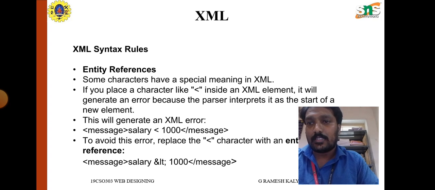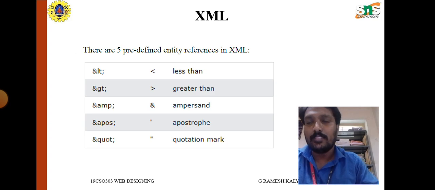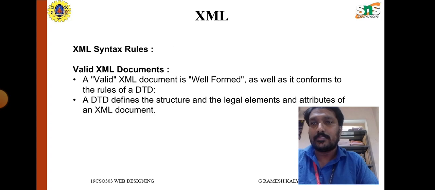For example, the message salary is &lt; 1000 means salary is less than 1000. So this is a table: &lt; refers to less than, &gt; is greater than, and &amp; is ampersand.